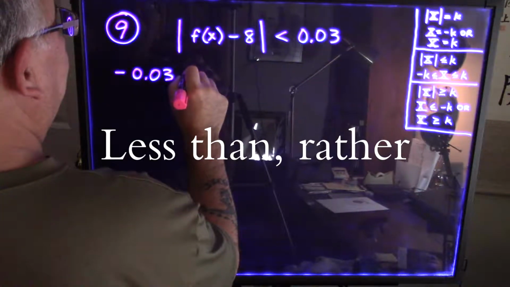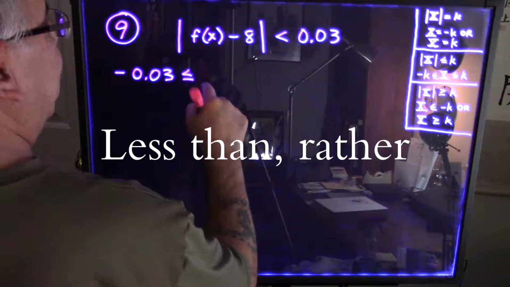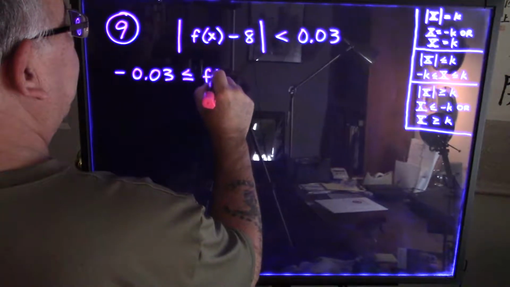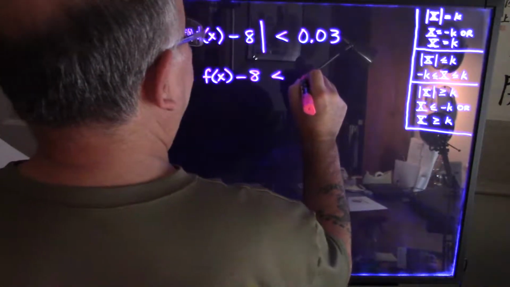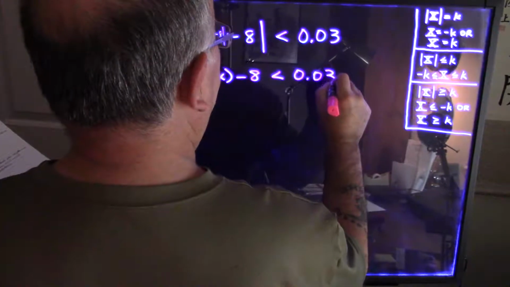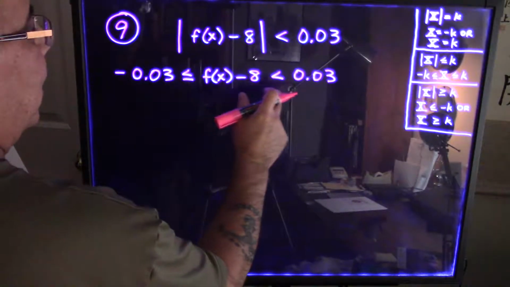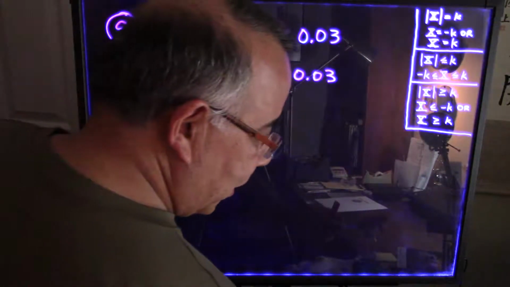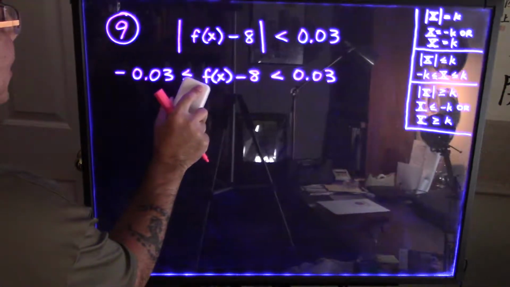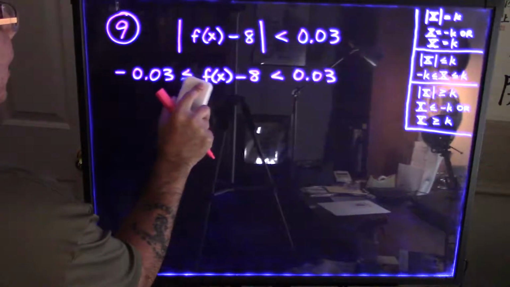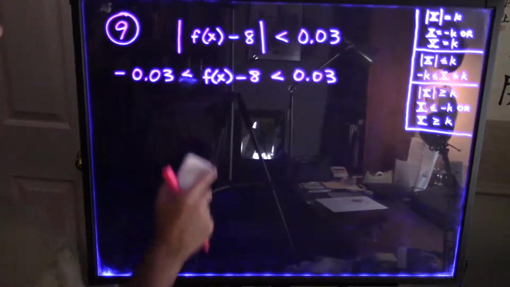Is less than, and then the capital X represents the expression, so you put that whole expression in here, f of x minus 8, and that's less than positive k, or 0.03. Oops, I should not have put less than or equal to. That was on my mind talking about that just now. All right, let's erase that equal part there. Get this thing correct. There we go.